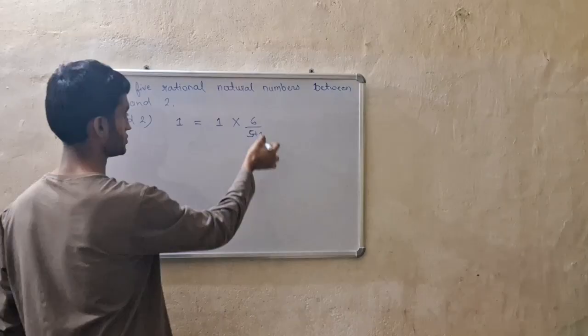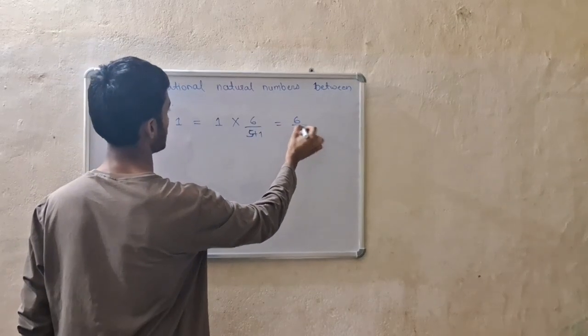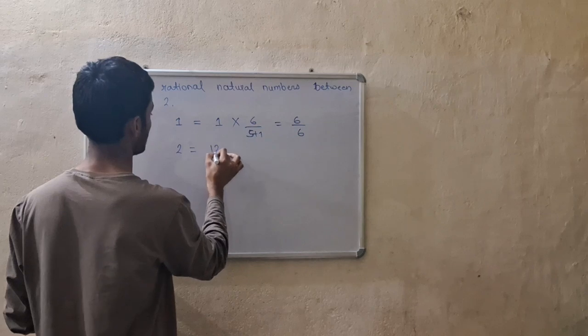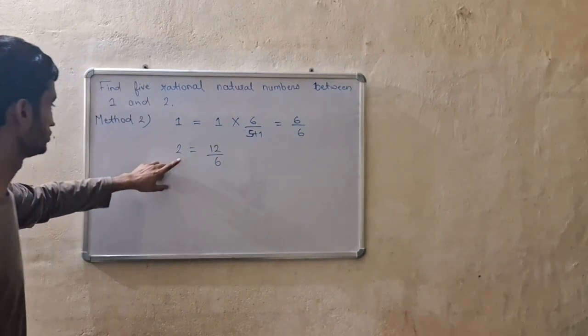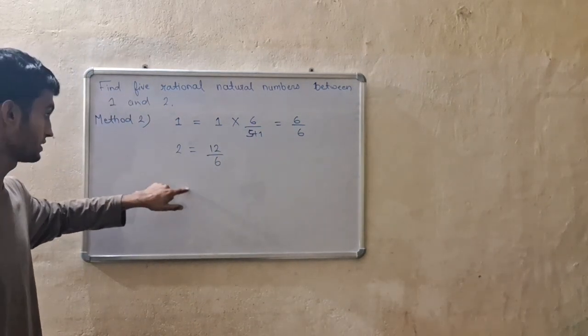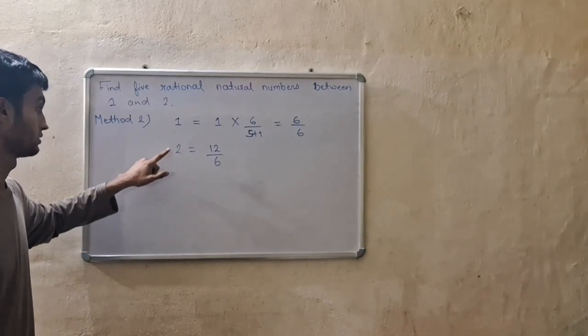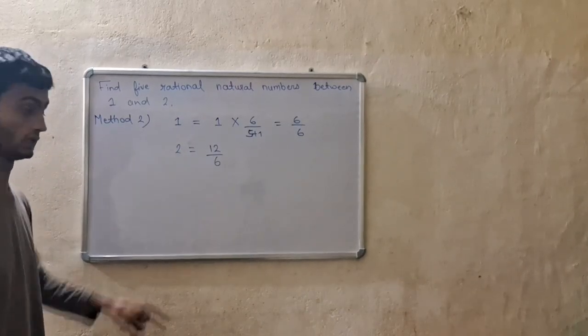And so it is 6, so 1 becomes 6 upon 6. In a similar way, 2 becomes 12 upon 6, right? If you multiply the denominator by 6, you have to multiply the numerator by 6 so that the value doesn't change.